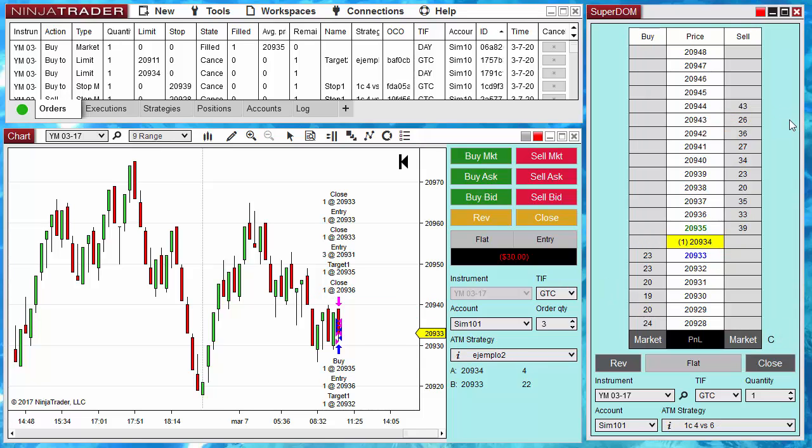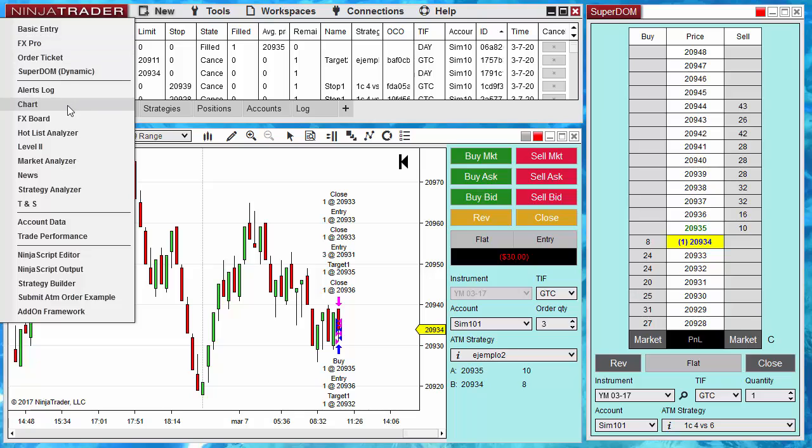Order cancelled. Now let's say that we have 2 different setups. On one setup we want to go short, and on another we want to go long, on the same instrument and the same account. We can do that from one chart and the DOM, or from 2 charts.